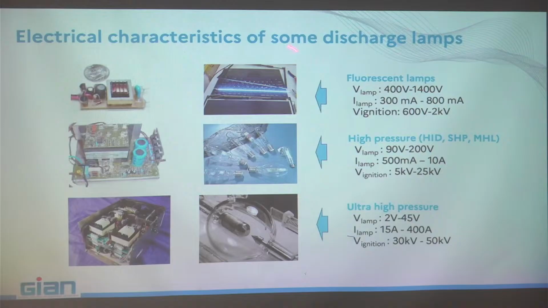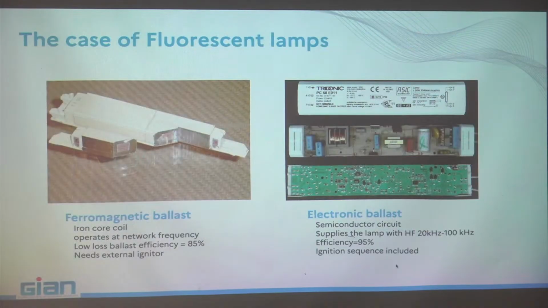You see that any kind of lamp, especially the high pressure, imposes very stiff constraints on the power supply. In the case of fluorescent lamps, this is a classic ferromagnetic ballast, which is just an iron core coil with losses going up to 85%.